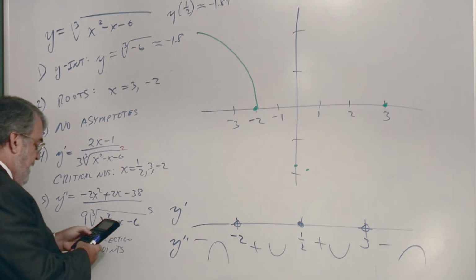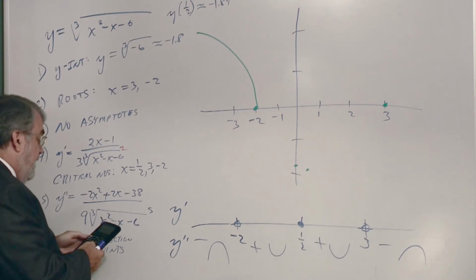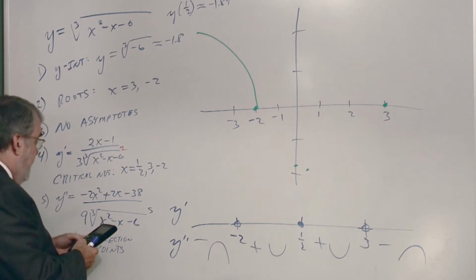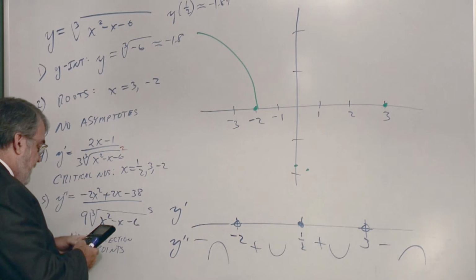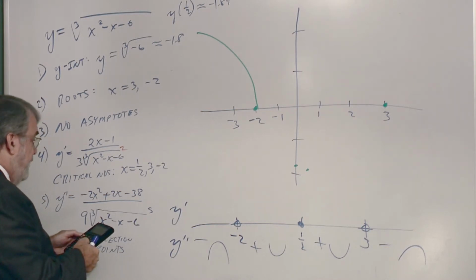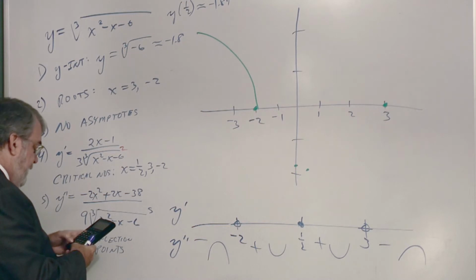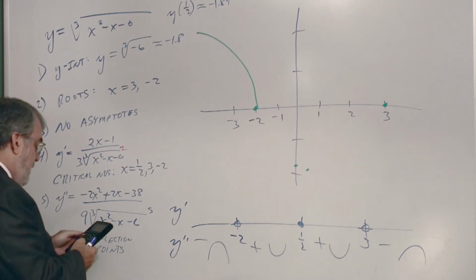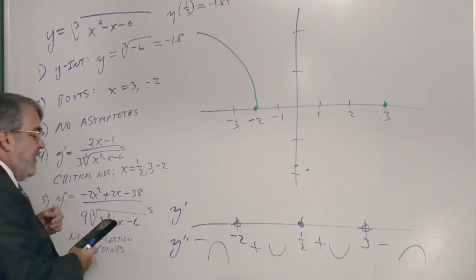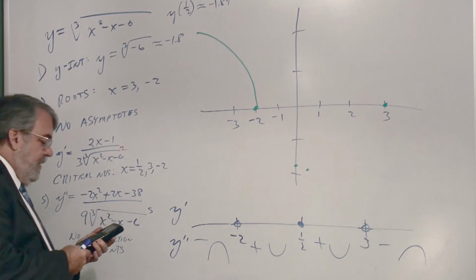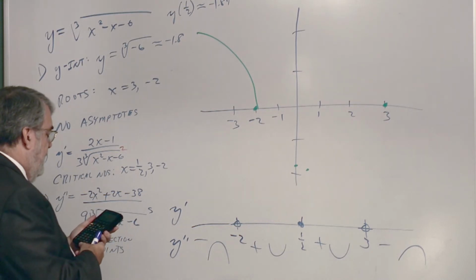So parentheses 2x minus 1, close parentheses, divided by 3, divided by parentheses x squared minus x minus 6, close parentheses, raised to the parentheses 2/3, 2 divided by 3. Alright, so now I'm not sure if this is going to capture the correct sign, so I have a little bit of doubt here.